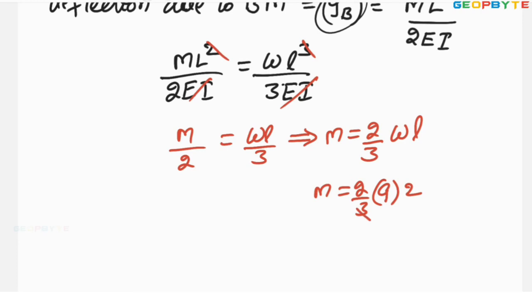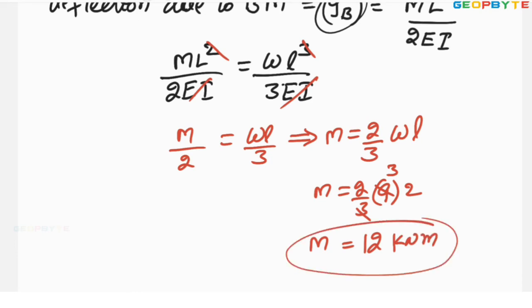This is 3 2 jar 6 into 2, 12. Since it is bending moment, kilonewton meter. So this much amount of bending moment should be applied at the free end to maintain zero deflection.